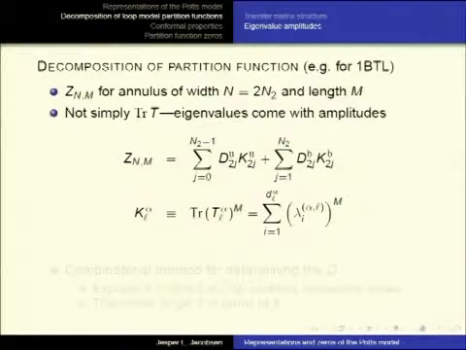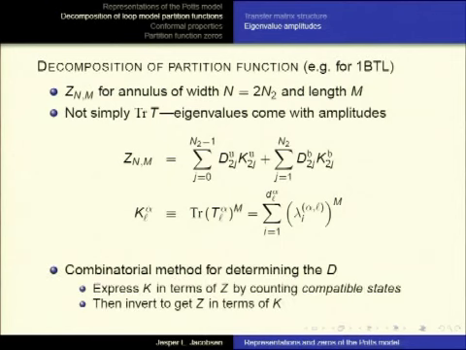And the case here are going to be genuinely traces of the transfer matrix, so they are just going to be lambda to the power m summed over the dimensions of these small transfer matrices. I'm not going to derive what these things are, but there's a combinatorial method for determining them which is completely rigorous, which works just in terms of generating functions.